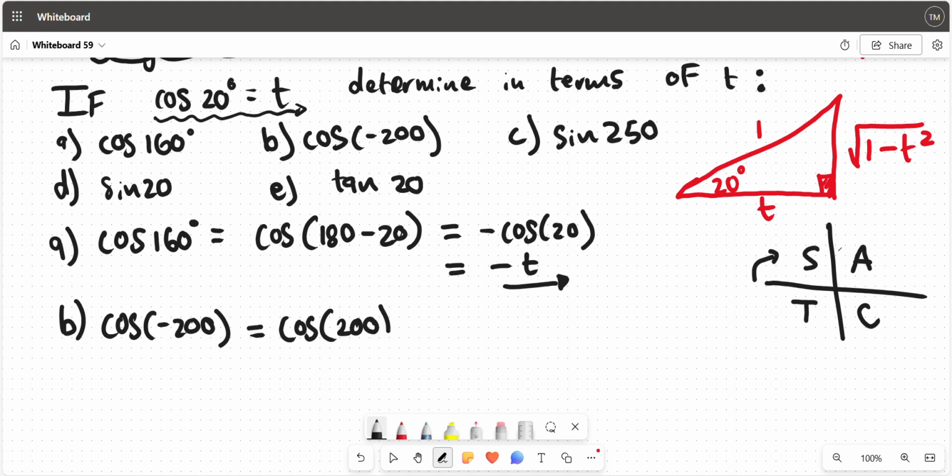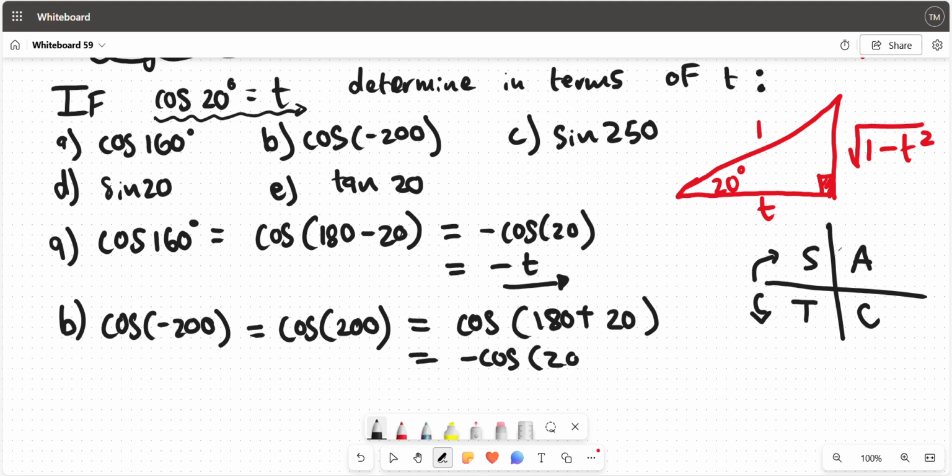So this ends up being cos 200. And then I just need to reduce again, which is 180 plus 20 in this case. 180 plus puts me in this quadrant, and cos is negative in that quadrant, so I end up with this guy, and this guy is again a negative t.